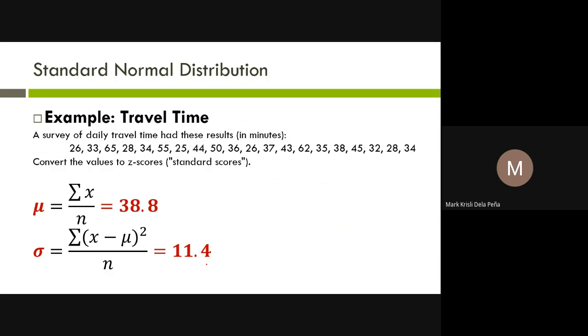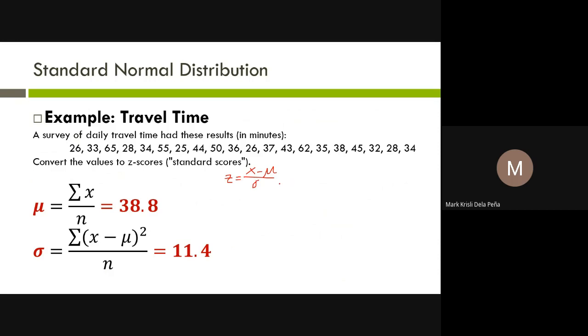Then using our formula for z, please remember this: x minus mu divided by sigma.